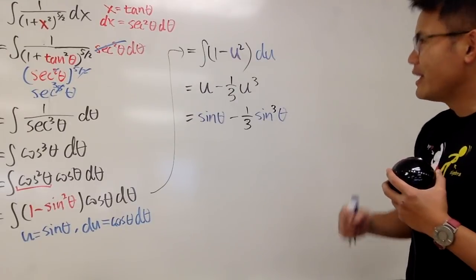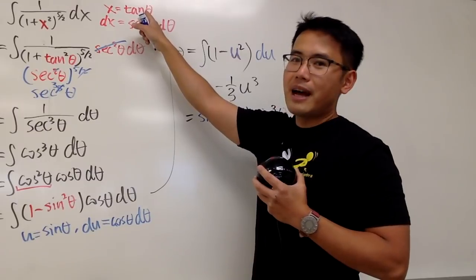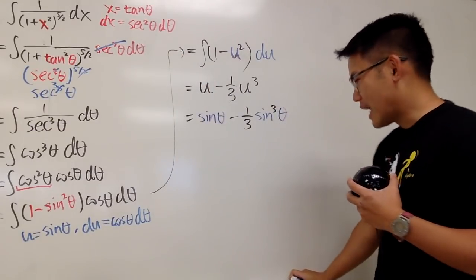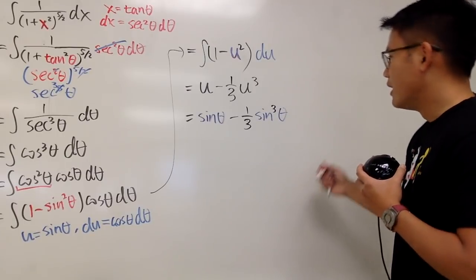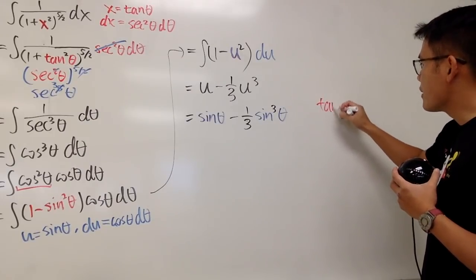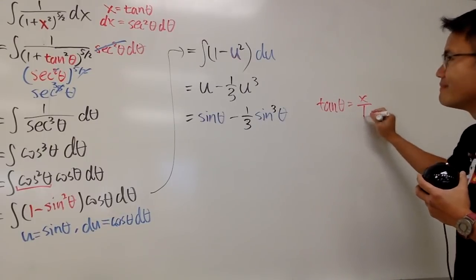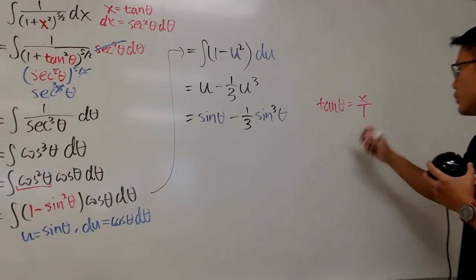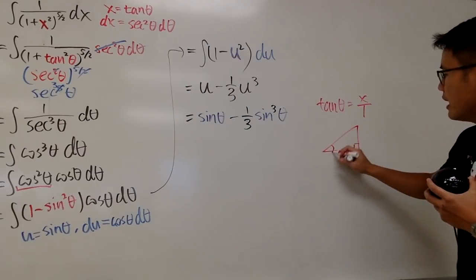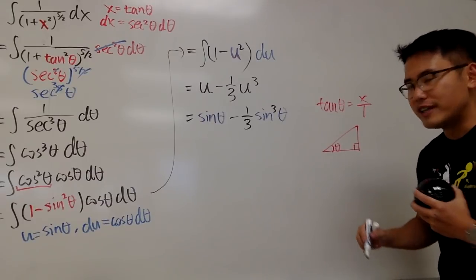And now we have to look back to this, because we know x is equal to tangent theta. We have to get back to the x world, but here we have sine. So this is how we can take care of this situation. I will just draw the triangle on the side for you guys, because we know tangent theta is equal to x, which is the same as saying x over 1. If you look at a triangle like this, put a right angle here and then the angle theta here, tangent is opposite over adjacent.